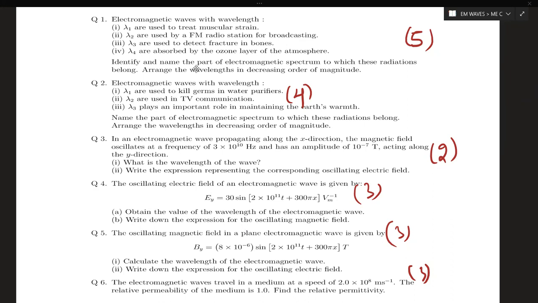If you've completed, then share it on the group. You're added on the group, Ahmed. Just share it on the group, then convert it into a PDF and share it on the group. Okay.